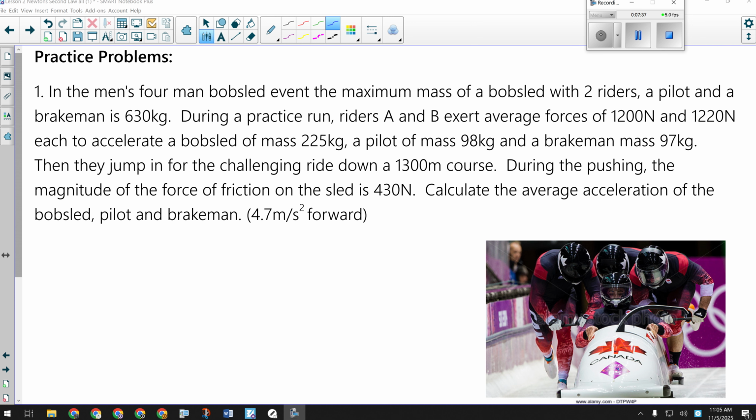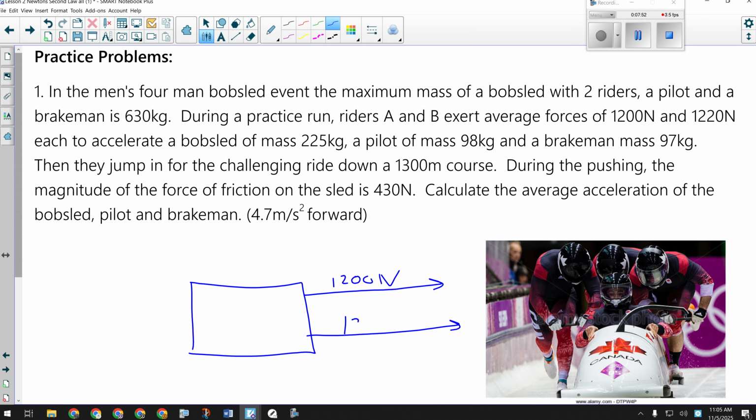So during a practice run, riders A and B exert forces of 1,200 and 1,220 newtons. So I'm going to draw my box here. I don't have a mass in it yet, but I am going to put those 2 forces on: 1,200 newtons and 1,220 newtons.